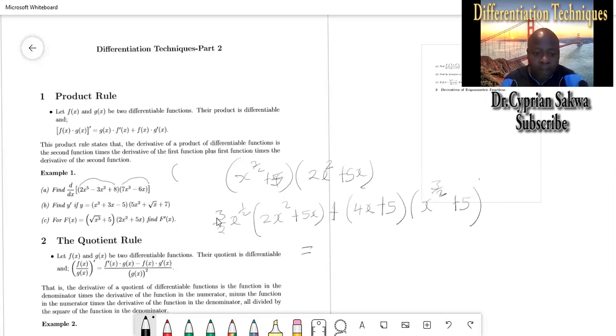Let's do this. Multiplying this, we have 3 x raised to 5 over 2. Remember that this 2 plus that to be 5 over 2. And then this would give us 15 over 2 x raised to 3 over 2. 1 plus that should give us 3 over 2.